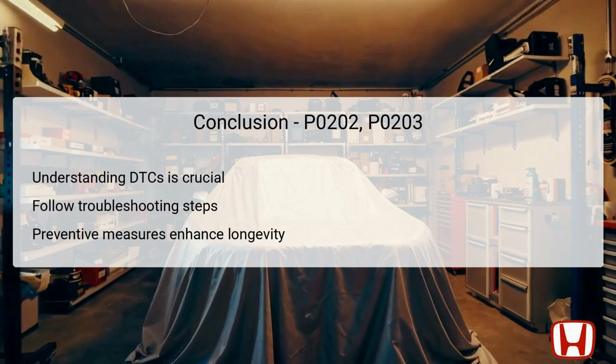In conclusion, understanding the implications of DTC P0202 and P0203 is critical for effective vehicle maintenance. Adhering to thorough troubleshooting steps not only identifies faults accurately, but also guides towards efficient repairs.